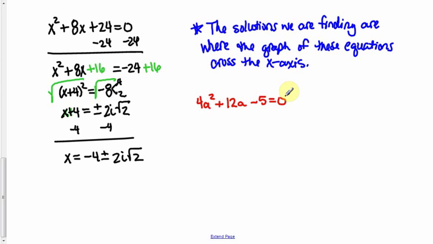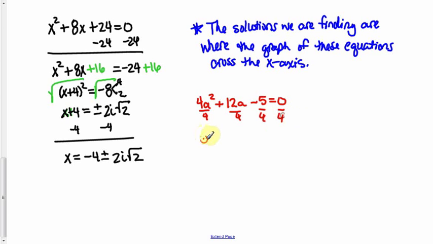Now, remember what I said, if there had been a number, a coefficient on the squared term, you would need to start by dividing everything by that number. You cannot complete the square of a polynomial that has a coefficient on the squared term. So we're going to divide everything by 4 to start this problem.